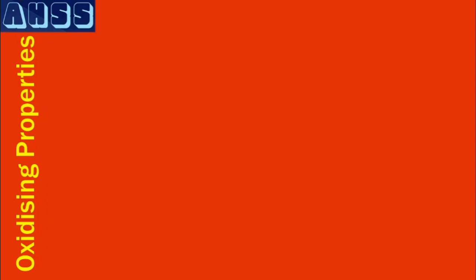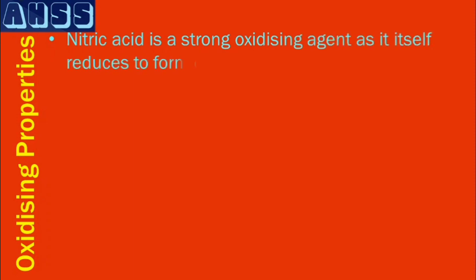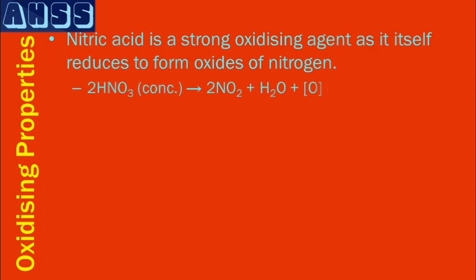Oxidizing property of nitric acid. Both dilute and concentrated nitric acids are strong oxidizing agents as they themselves reduce to form oxides of nitrogen. When nitric acid decomposes, it gives nascent oxygen.